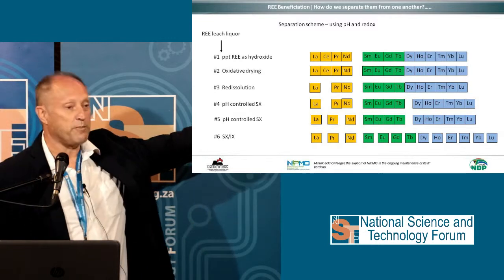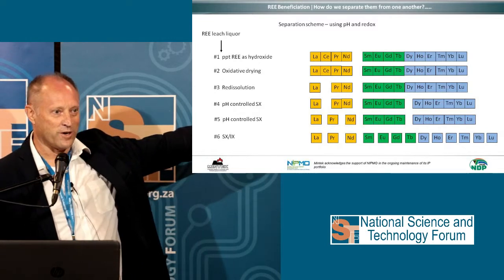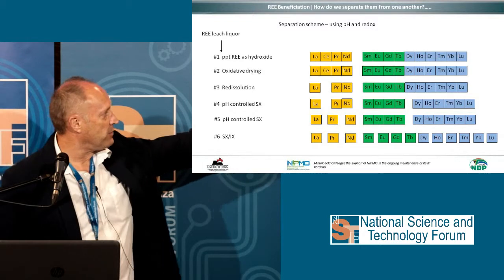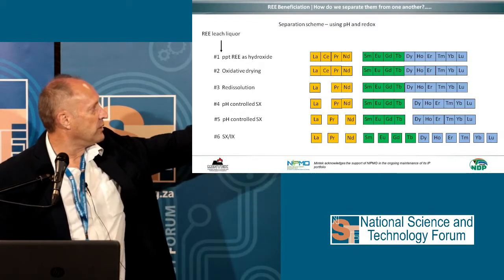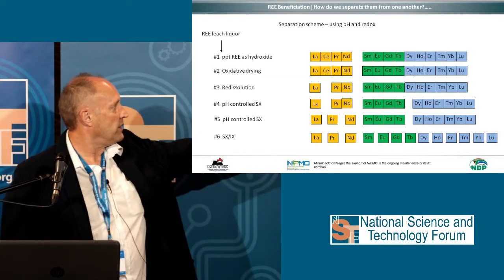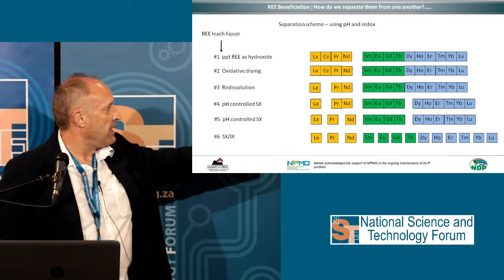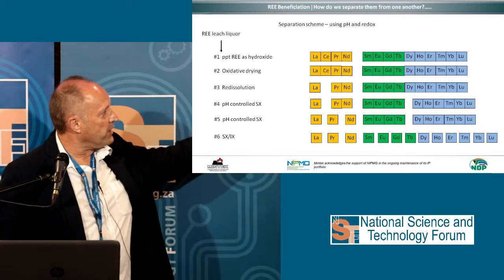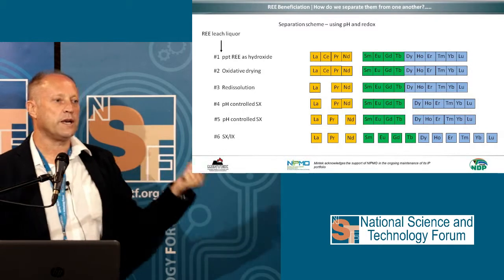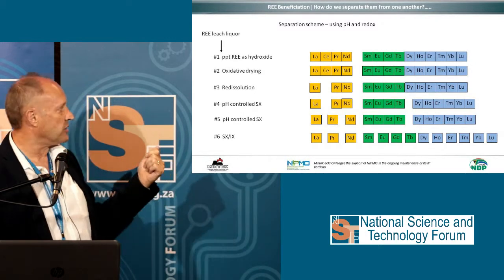Now you've got another little gap that you can use to separate. Promethium fortunately was there already, so there's a gap. And now, after oxidative drying and redissolution, you've got another gap caused by cerium. Now you can separate the different groups from each other by controlling the pH of the solvent extraction process.